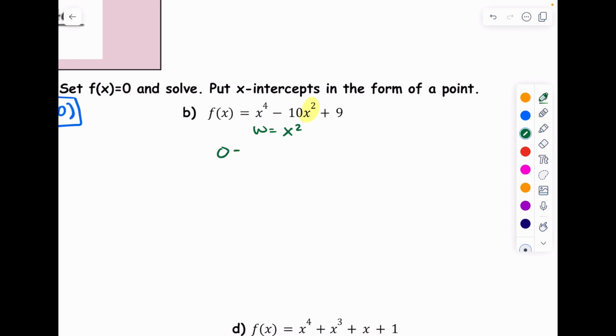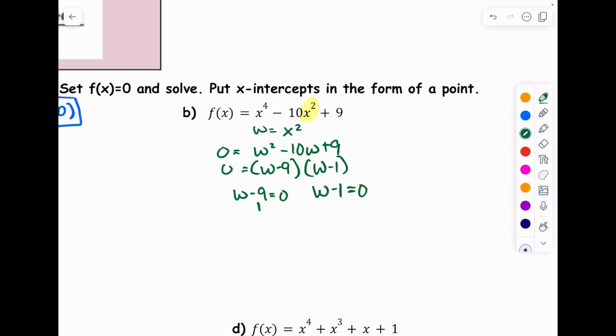So we'll have 0 is equal to w squared minus 10 times w plus 9. Now we know how to factor that. We would say w minus 9, w minus 1, and we would say w minus 9 is equal to 0, and then w minus 1 is equal to 0, and we would solve.